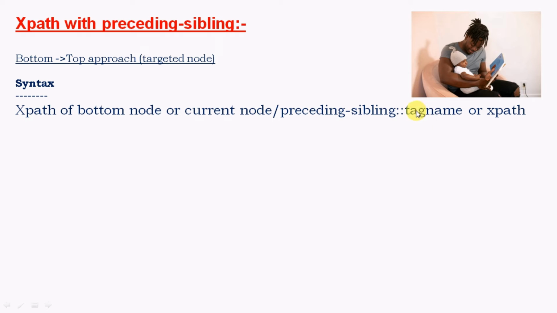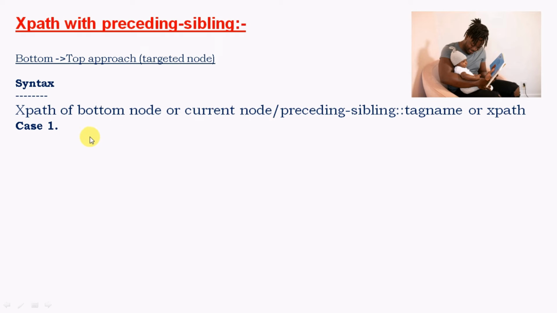So you can provide the tag name. When you have multiple matchings, you can go with the group indexing with the tag name. And if you know how to write the XPath for this one, you can write the XPath for the top element also here. Okay. So we will see examples of both of the conditions.